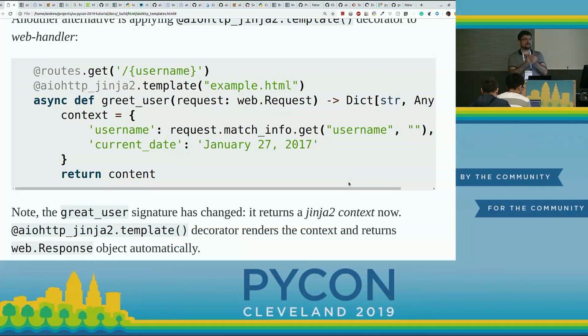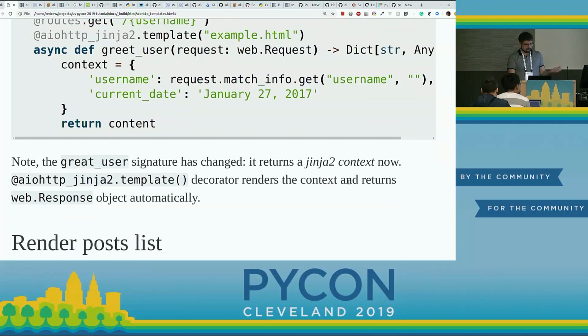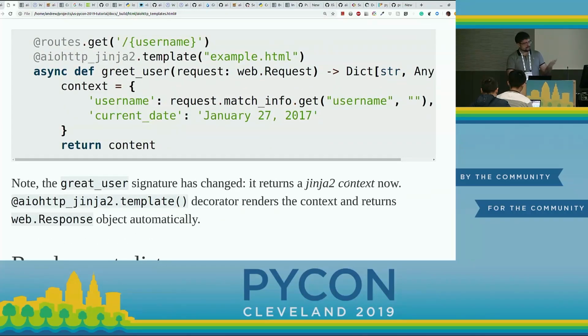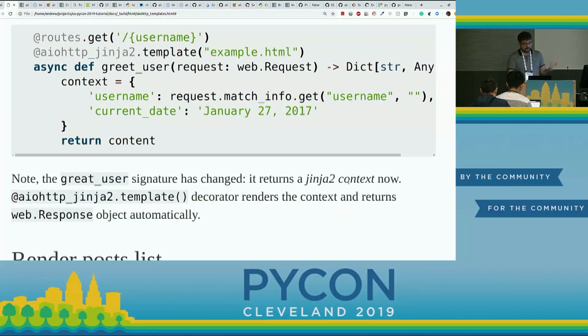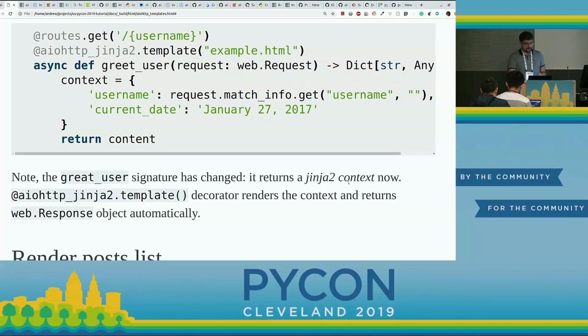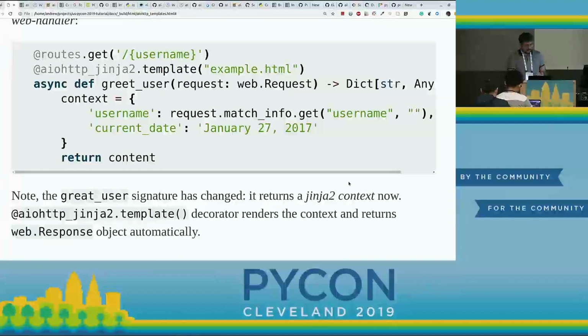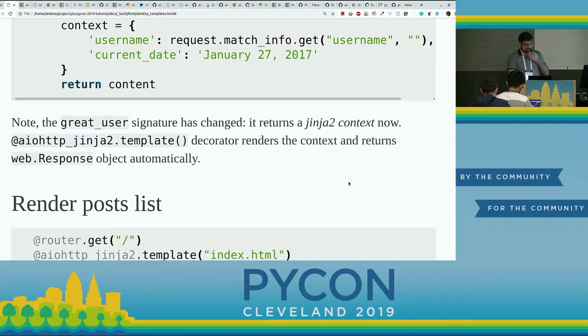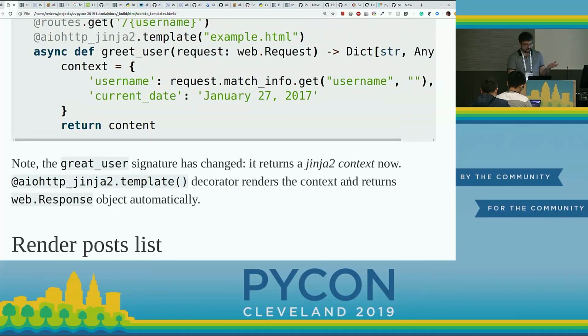It returns a Jinja context, and decorator takes this context and generates templates. It's a syntactic sugar. Nothing fancy, but it saves a couple of lines maybe. But both forms are alternatives, they do the same.